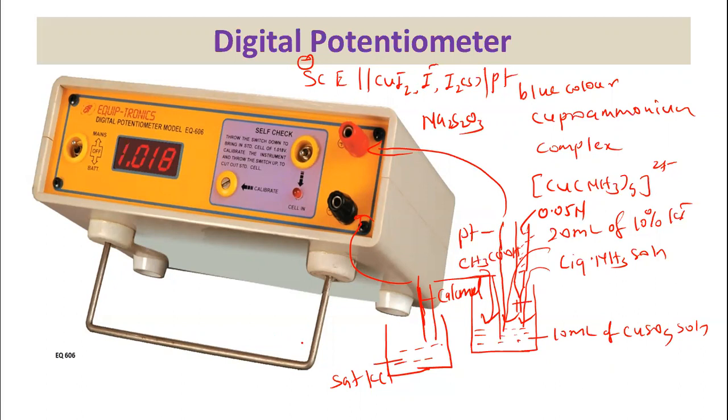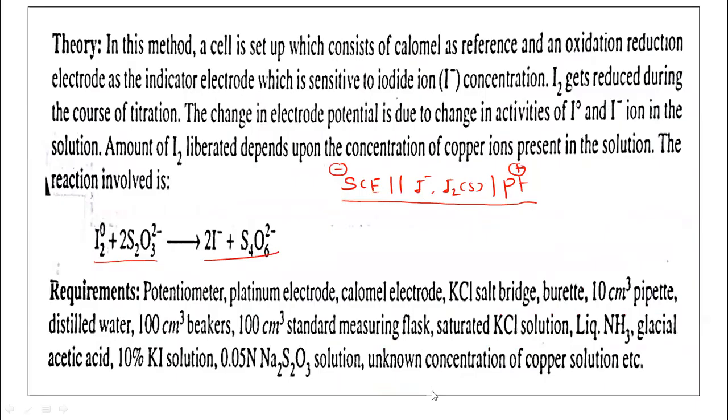So when we add the sodium thiosulfate solution, what reaction takes place here? You can see the reaction here. When we are adding the sodium thiosulfate solution from the burette, the I2 is converted to iodide ion. This reaction takes place with sodium thiosulfate solution.